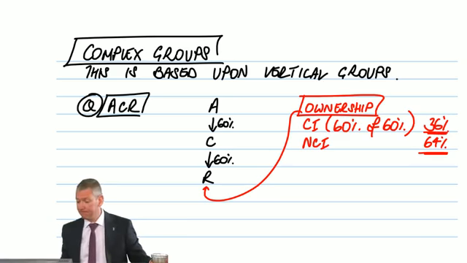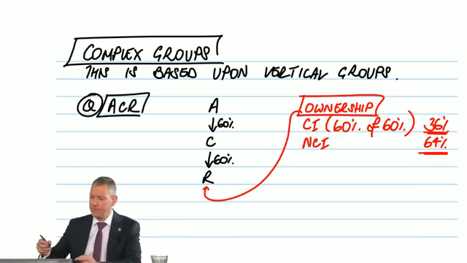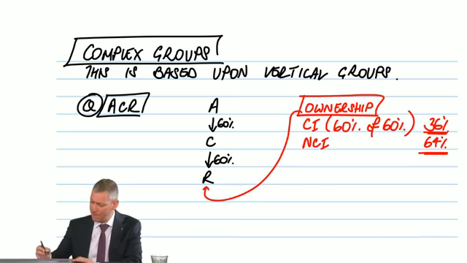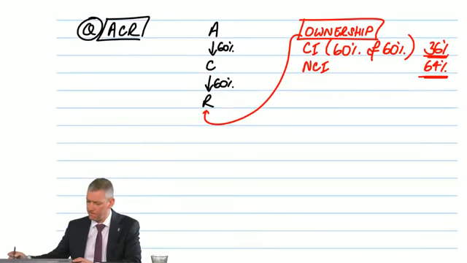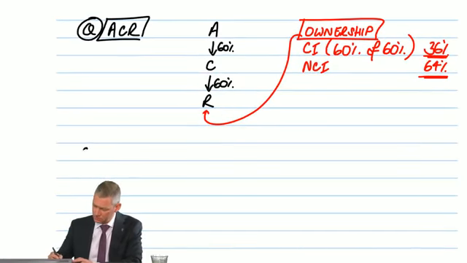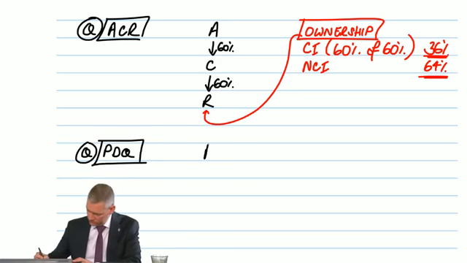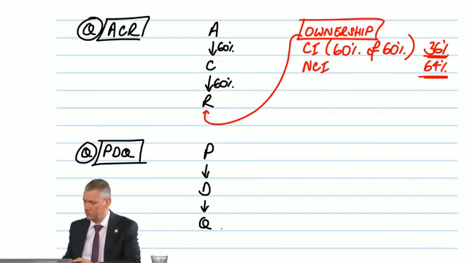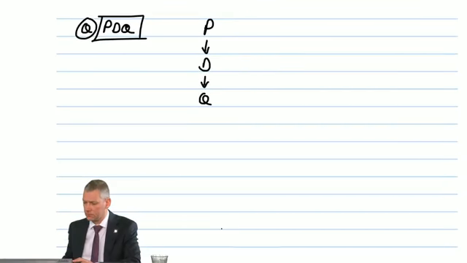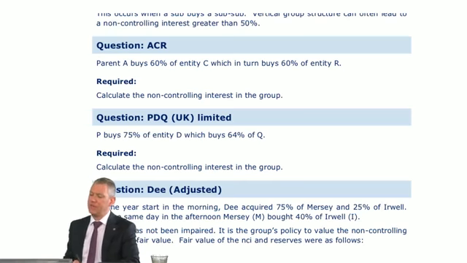So let's try again. Let's reinforce that idea with the question PDQ. So what happens in PDQ? So 75% of 64%.